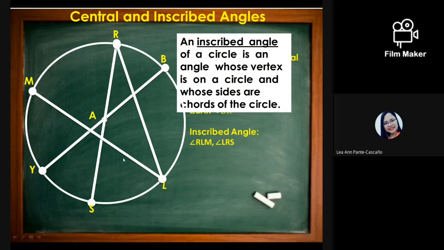At ito ang kanyang angle. So, ibig sabihin, tama na ito po ay inscribed angle RLM. Meron pa tayong isa na inscribed angle na ang kanyang vertex is on the circle, which is LRS. So, yan po ang ating inscribed angle at ang kanyang vertex is on the circle.